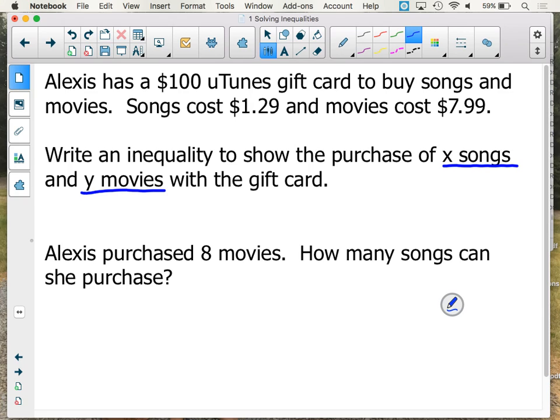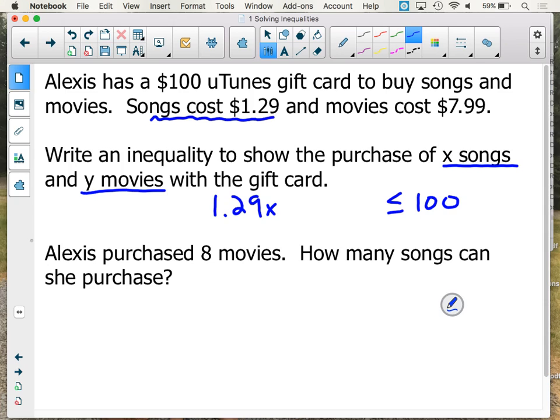So let's think for a minute. How much is that gift card worth? It's worth $100, right? So we know that we can't go over 100. So we can be less than $100. We could equal $100, but we can't be more than $100. Now, we're purchasing X number of songs. We're told that songs cost $1.29. So what if we said $1.29 times X?